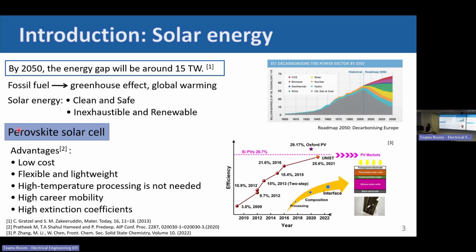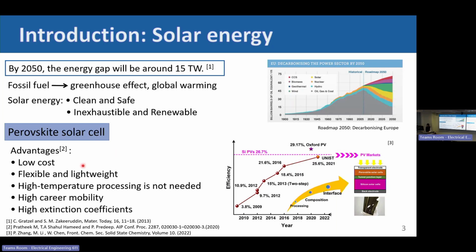Under these conditions, solar energy in all its usable forms gains more and more importance because it's clean, safe, inexhaustible and renewable. One direct way to exploit solar energy is to convert it into electricity by using solar cells. And perovskite solar cells, with their fast growth in efficiency, are gaining more and more importance these days.